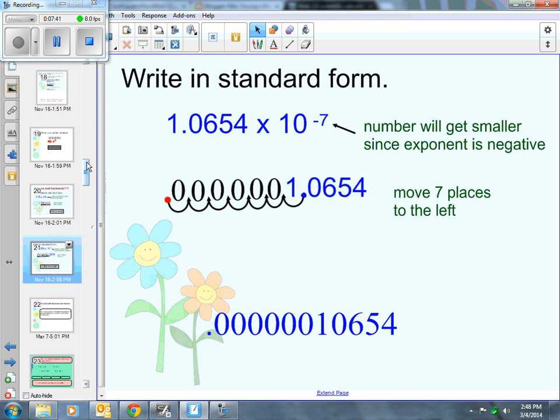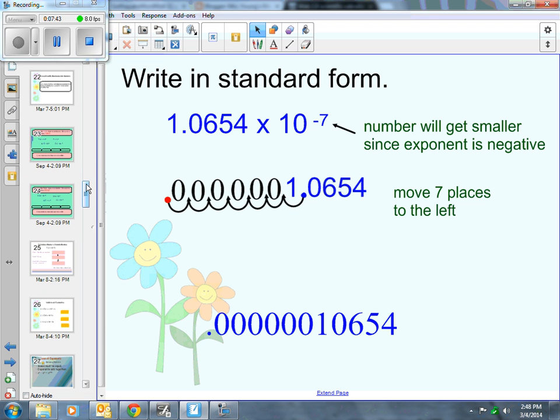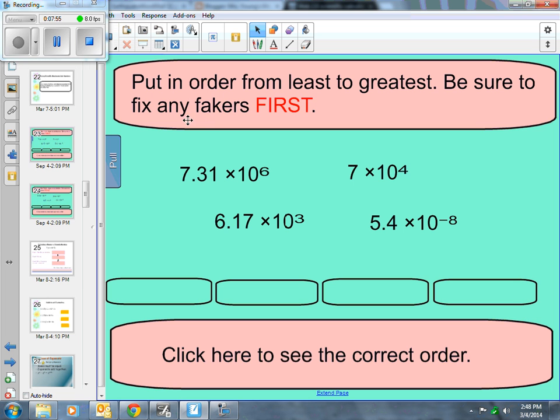All right. The last thing we're going to do today is talk about ordering these numbers. Ordering numbers in scientific notation is not that difficult. You basically just need to look at the number in front and then look at the exponents next. First, we want to make sure that we fix any fakers.